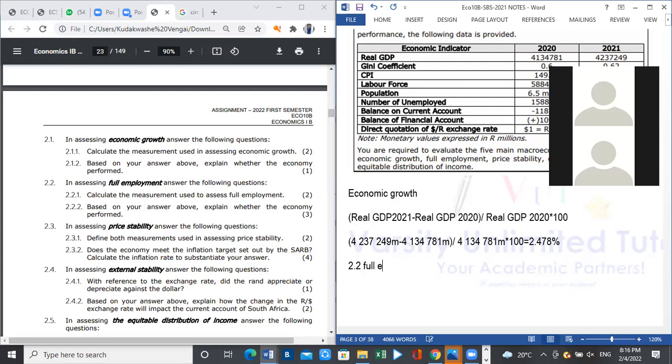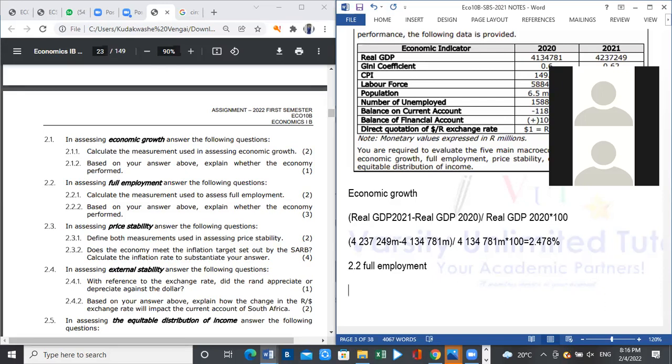Then we move on to 2.2. I'm mostly interested in calculations. The one for economic growth is obvious. For full employment, the measure we use is unemployment, and unemployment can be calculated using either the strict definition or the expanded definition.